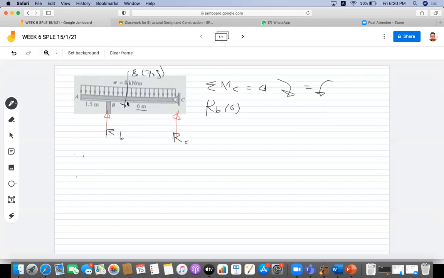And then we have here the distance, just the 1/2 of 7.5. So this is just 7.5 over 2. Okay. So we can have this RB is in clockwise direction, and this 8 times 7.5 times 7.5 over 2 is in counterclockwise direction.